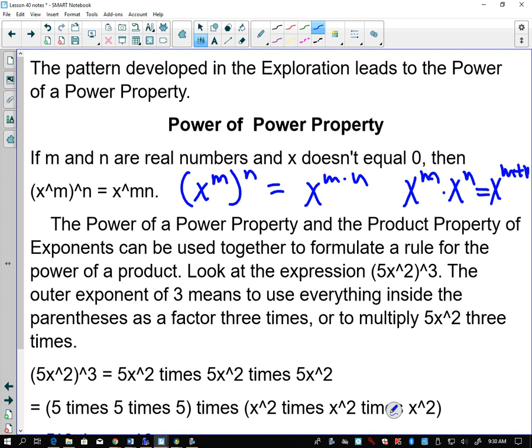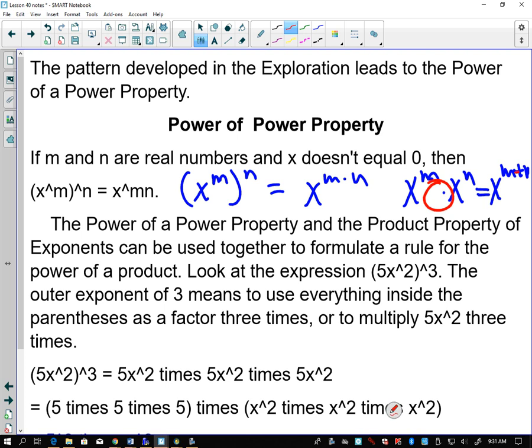When I have a power to a power, I multiply exponents. When I have a base times a base, I add exponents. But the mistake is thinking that because I see multiplication here, it's going to be multiplication there. It's not. Can we remember the difference? I hope so.